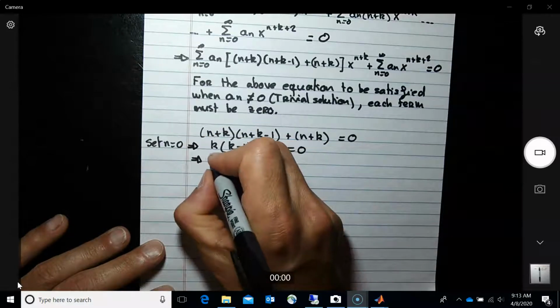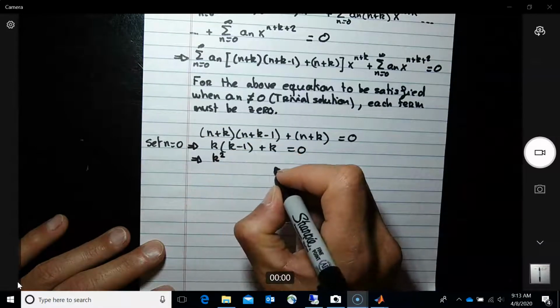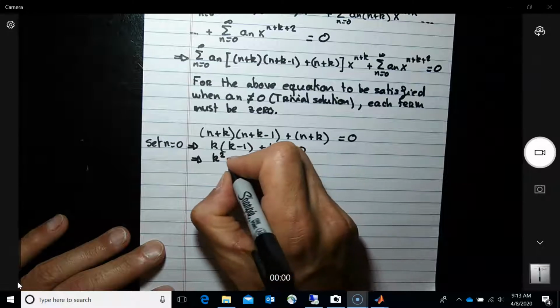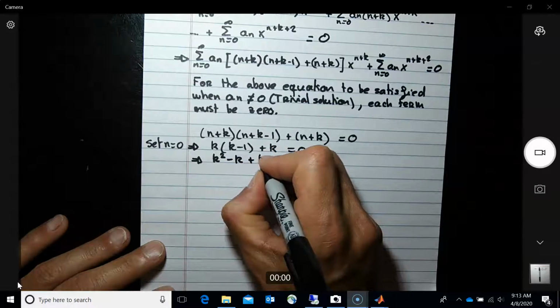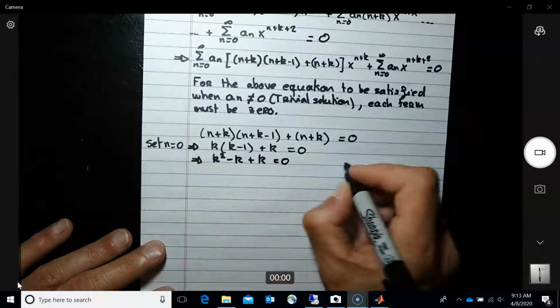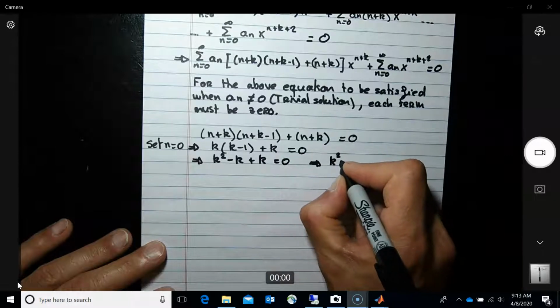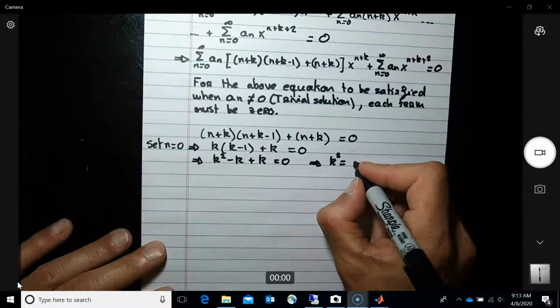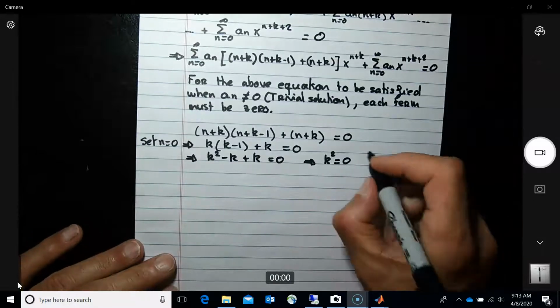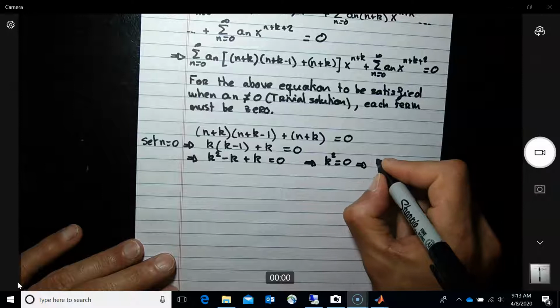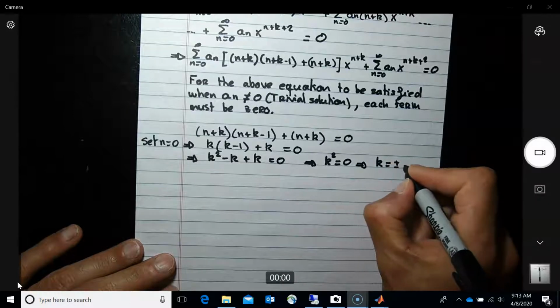So if we develop that equation, you can see this will be equal to k squared minus k plus k equal to 0, which in this case means that k squared is equal to 0. Which will mean that the two roots will be k equal to plus minus 0.